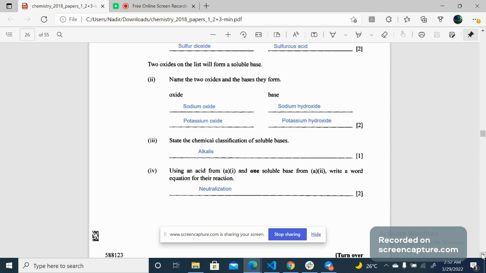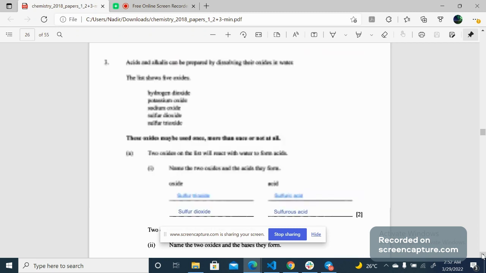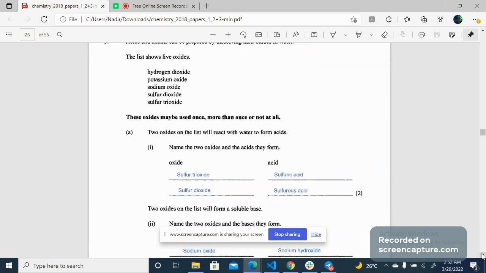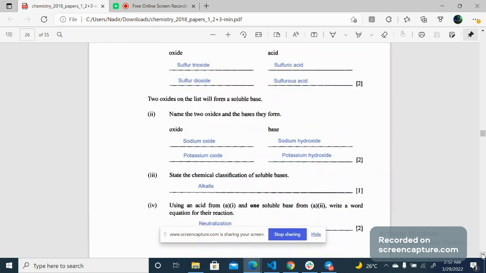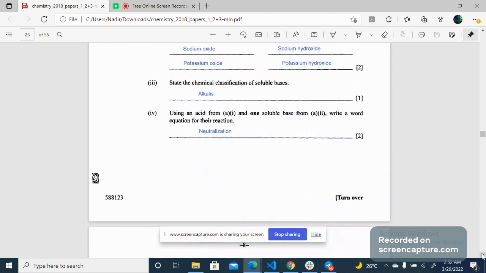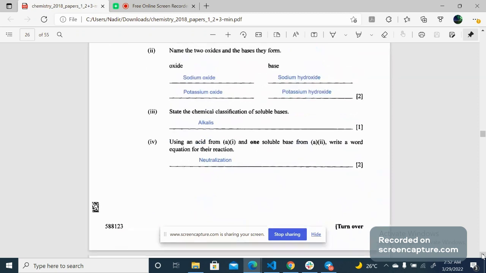And then question 4 is asking us, using an acid from A1 and one soluble base from A2, to write a word equation. So basically what it is asking us is to name the reaction when we classify particular reactions.